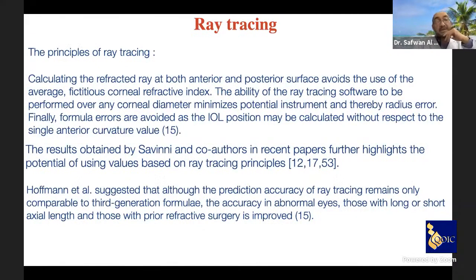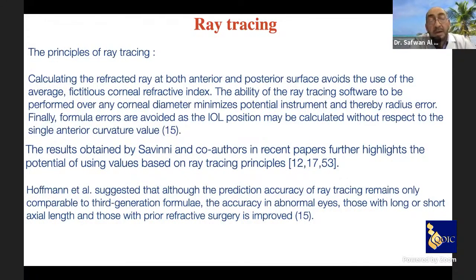And ray trace, it's very promising in calculating the refracted ray at both, as Reina said, anterior and posterior surface. Avoid the use of the average fictitious corneal refractive index. The ability of the ray tracing software to be performed over a corneal diameter, minimizing potential instrument and thereby radius error.